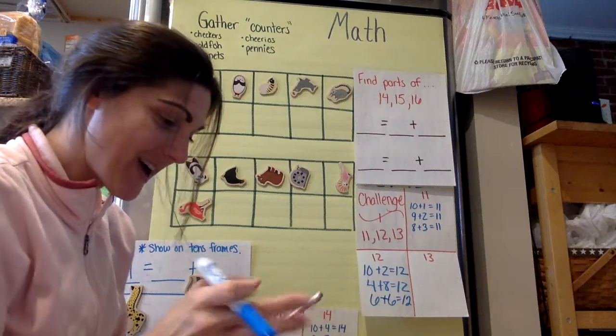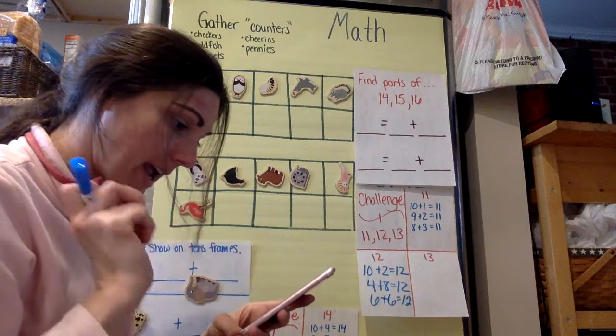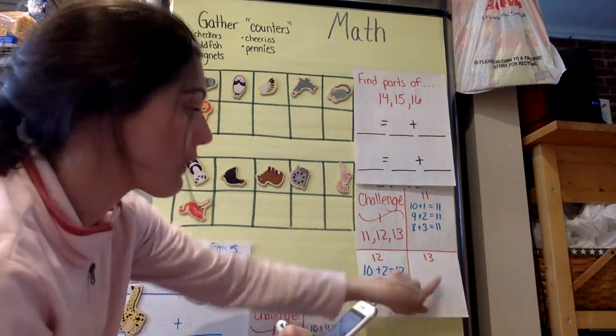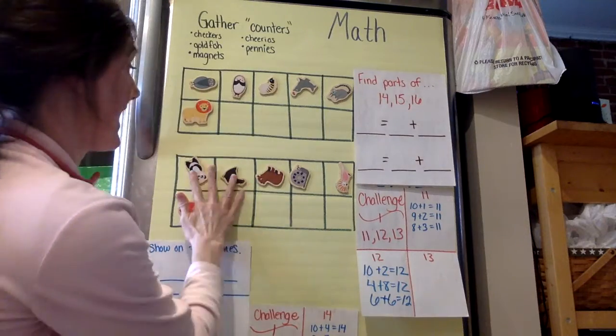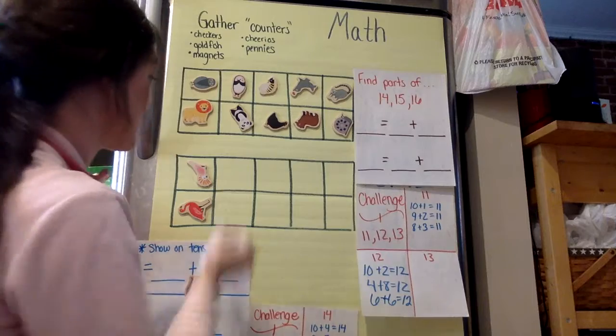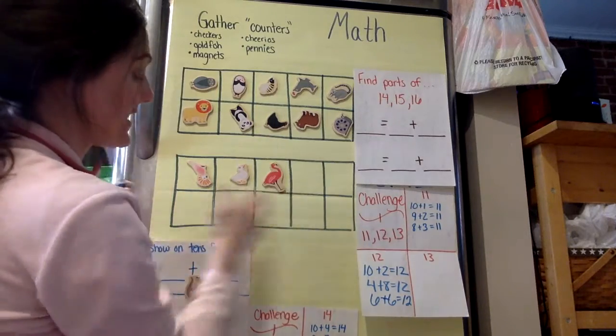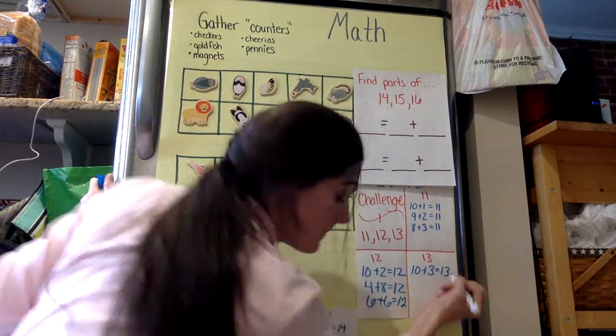All right, I also had Kasaira respond. I'm going to share her work for 13 right here. She started with her 10, making 10. This is for 13, so I'm going to need to add an extra magnet. She started with 10 plus 3, which equals 13.